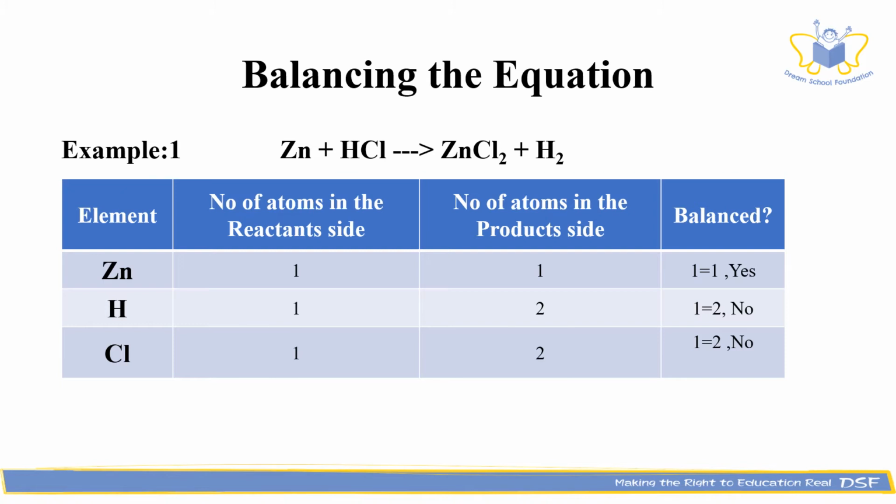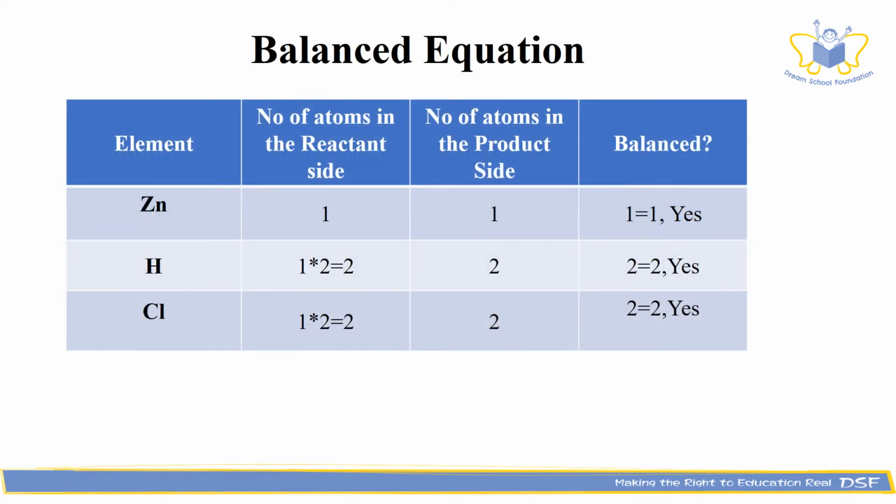So since this is not equal, it is an unbalanced equation. Now to balance this equation, hydrogen and chlorine must be balanced in the reactant side so as to get equal to the product side.